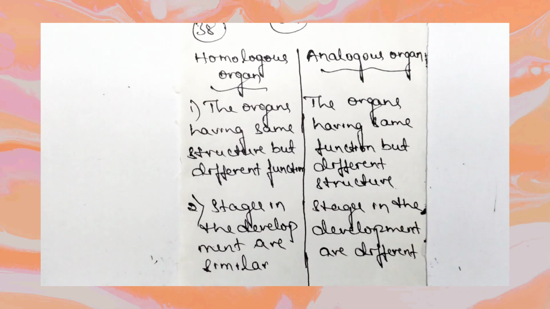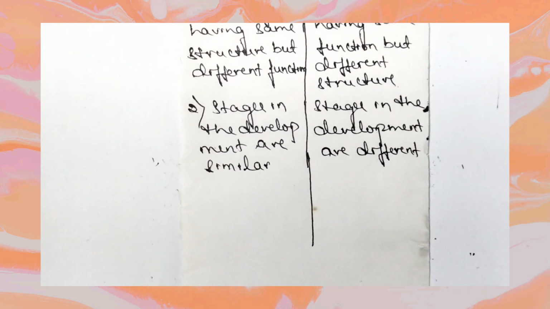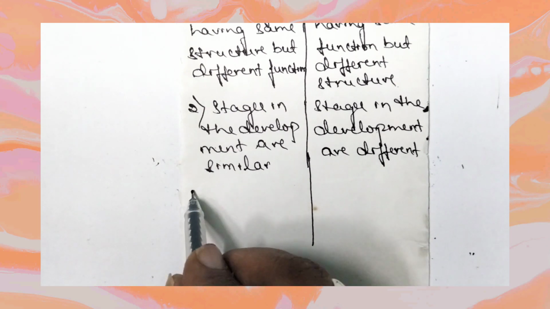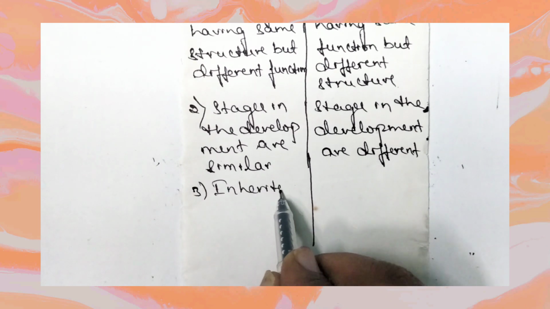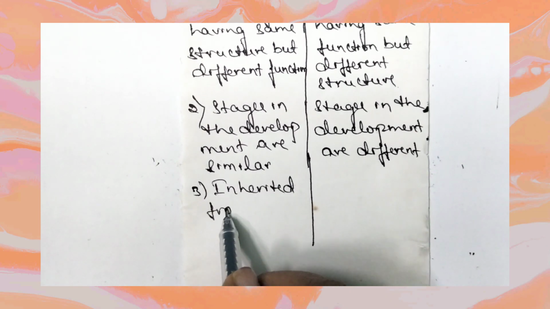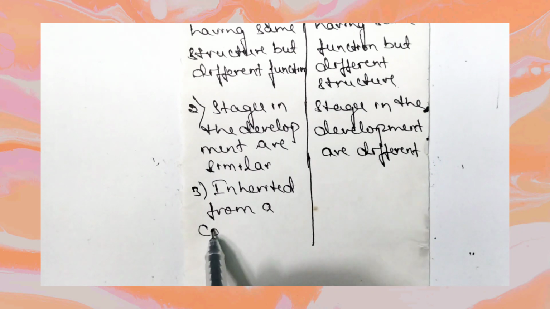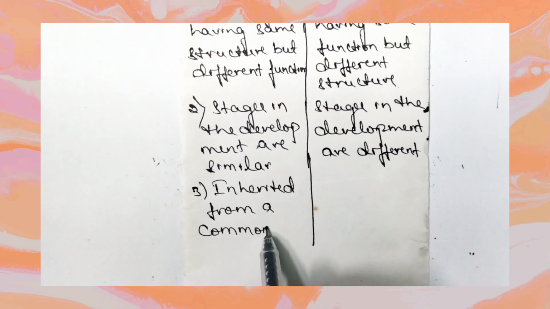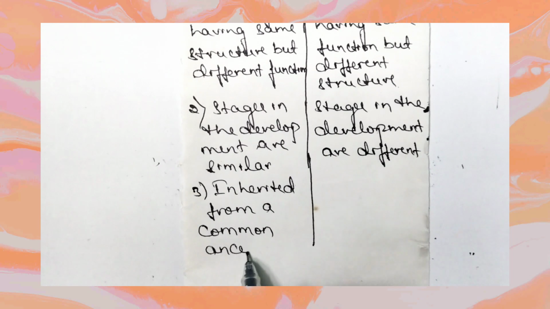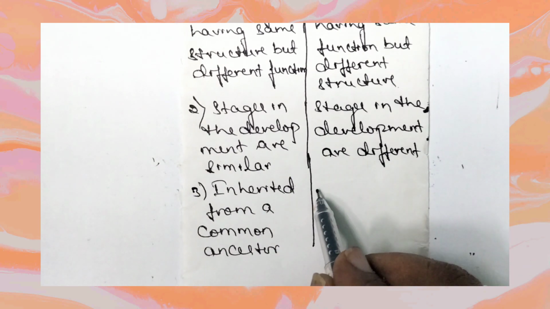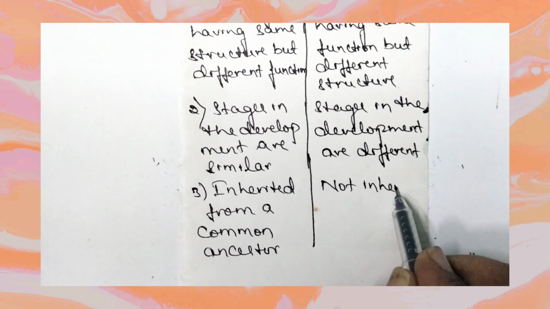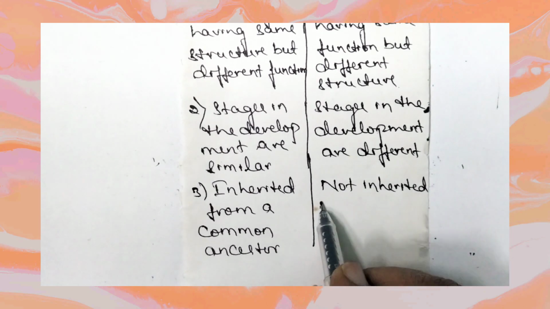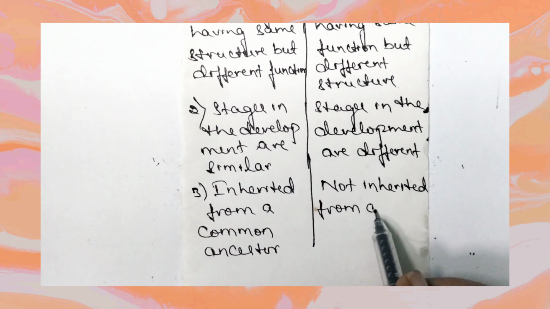So this is the second difference between homologous organ and analogous organ. Then coming to the third one, inherited from. Homologous organs are inherited from a common ancestor. Next, coming to this side, not inherited from ancestors.